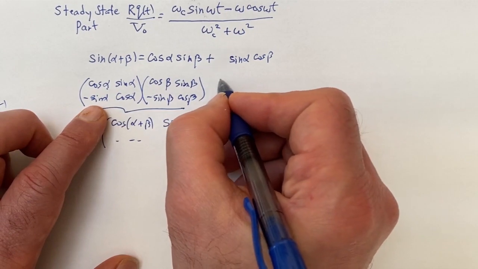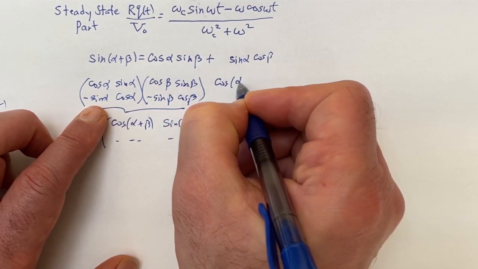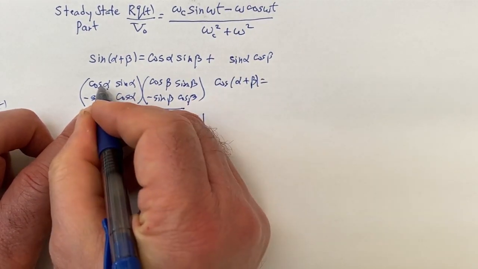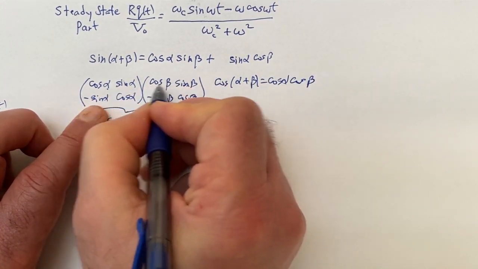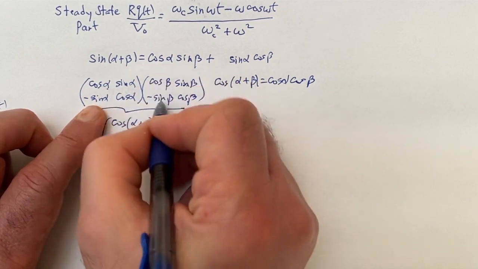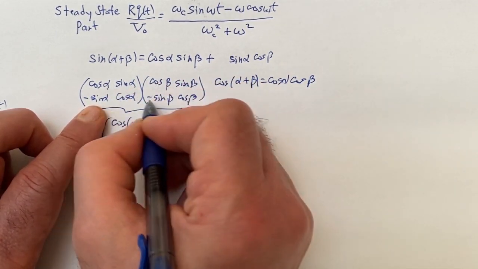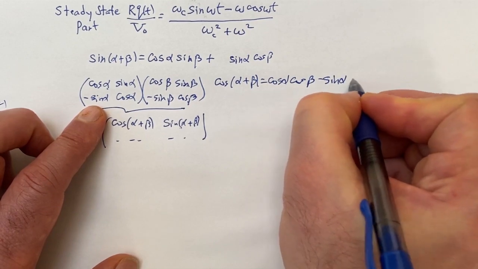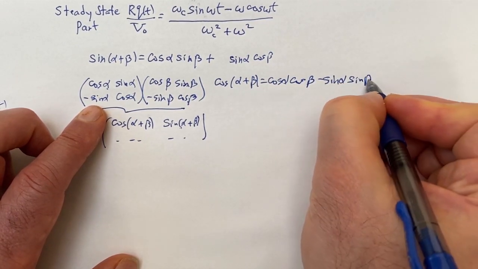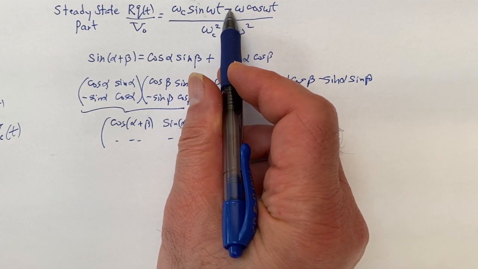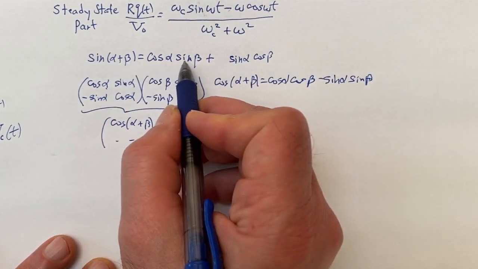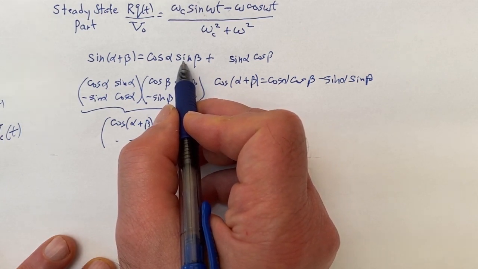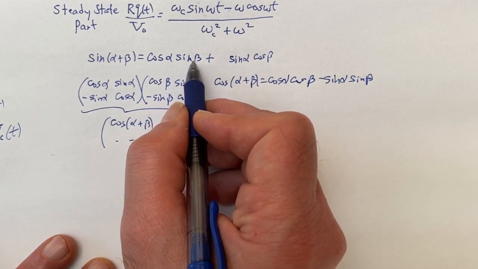And if you wanted the other one, the cosine of alpha plus beta would be cosine alpha, cosine beta, and then turn it sideways when doing matrix multiplication, and there'd be a minus sign there, minus sine alpha, sine beta. Now there is a minus sign there, so if you have a minus beta, you would have a sign change for the sine of negative beta.